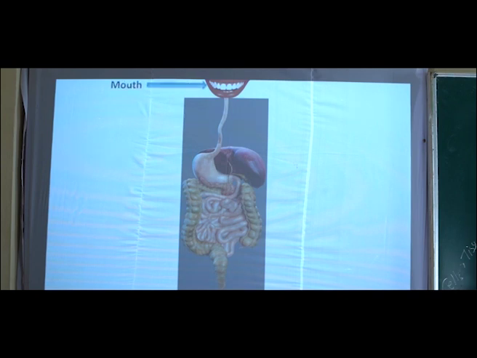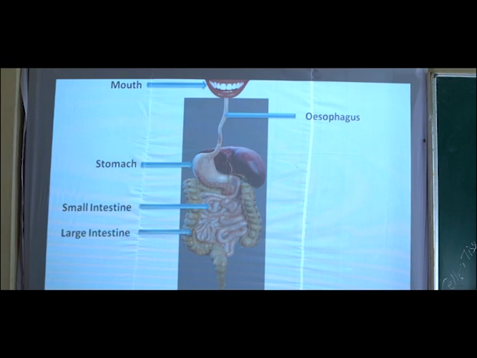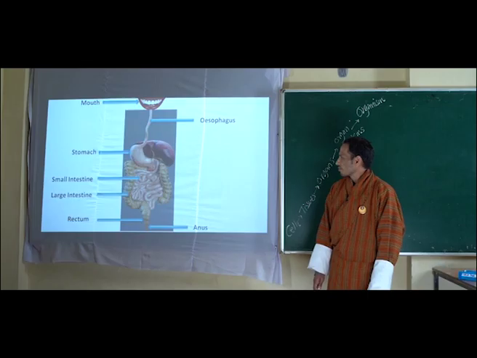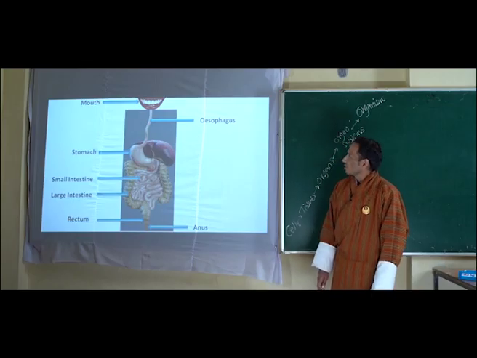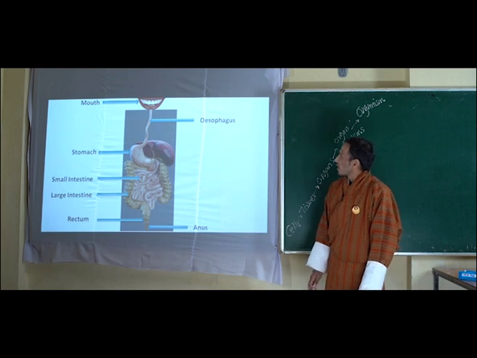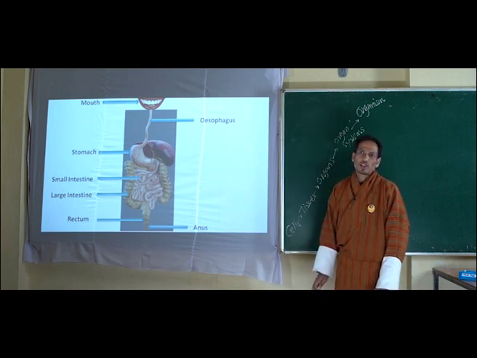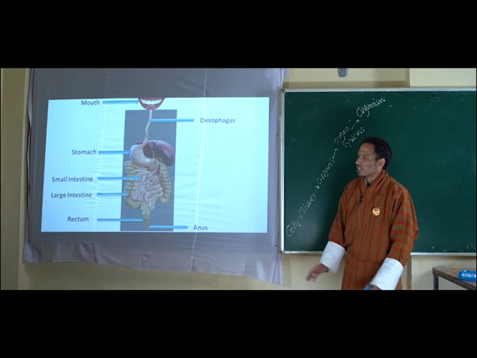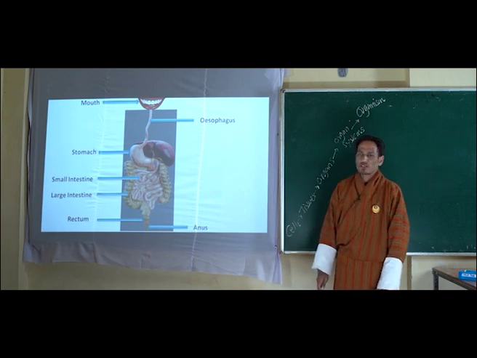Next we have the esophagus, then the stomach, then the small intestine, then the large intestine, rectum, and anus. Together these are called the alimentary canal. These are the main parts of the human digestive system.